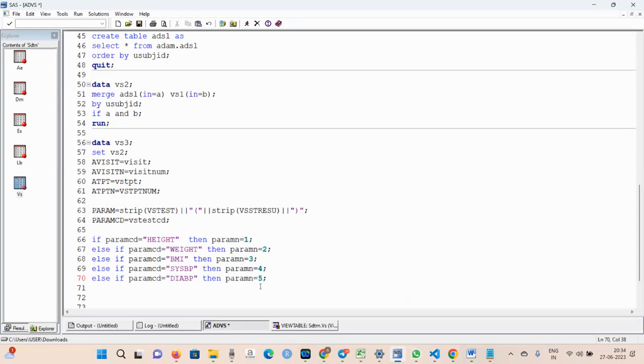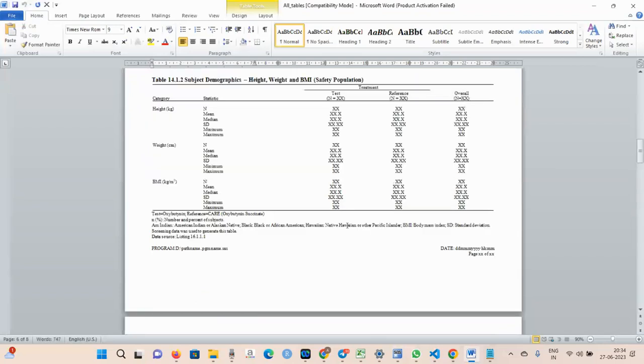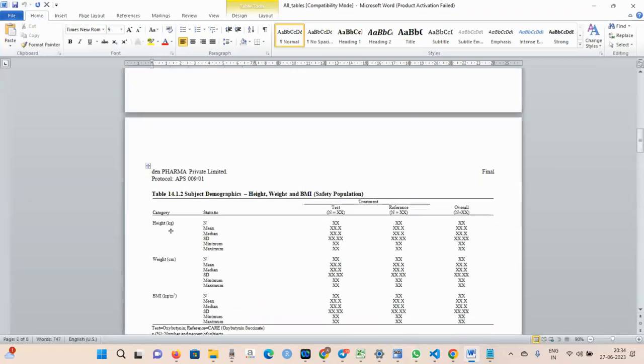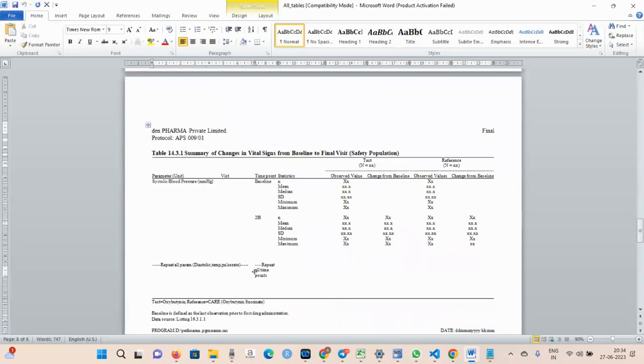So that's the reason we have to follow the mock shell, because on the top maybe they have given height, weight, BMI. See, 1, 2, 3. So they have given like 4, 5, 6 like that.